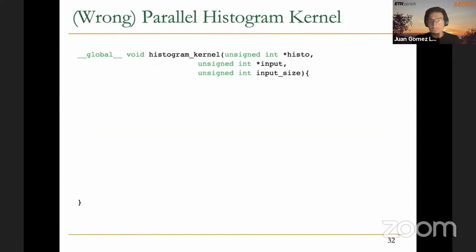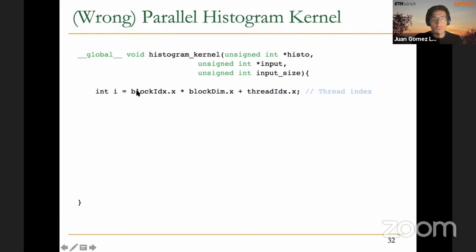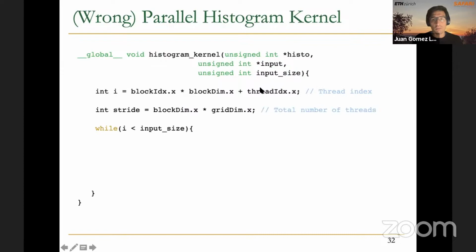And this could be a parallel kernel implementing this operation. Observe that again, here we have the input array, the pointer to the histogram, and the input size. And now, instead of having a single index as in the sequential execution, here we have an index per thread, and we calculate the index for each thread depending on, as you may remember, the block index, the dimension of the block, and the index of the thread inside the thread block it belongs to.